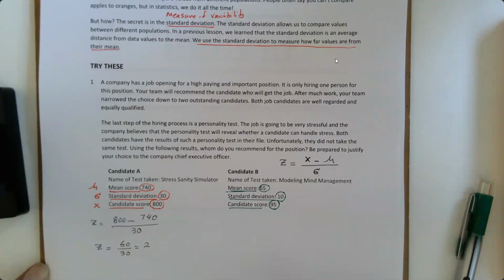This is the z-score for the first candidate. Z is 2. We convert everything X into Z because we want to compare these two candidates' score together. If they are written this way, it's going to be very hard for us to compare these two candidates together.